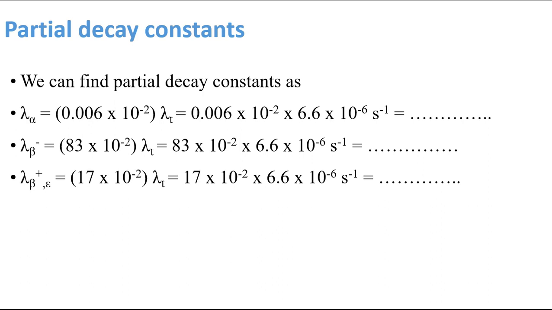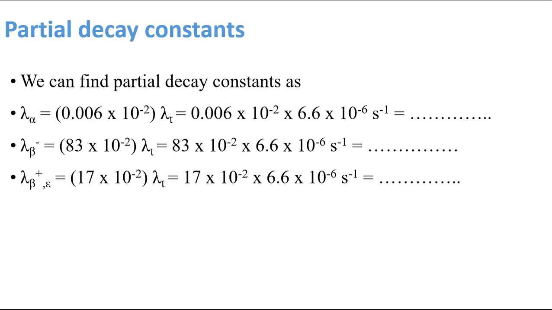For example, we can find lambda alpha by multiplying the total decay constant lambda t with 0.006%, and the percentage is converted into a number by multiplying by 10 to the power minus 2, or dividing by 100. After putting in the value of lambda t, the total decay constant, you can find it, and you can do it by yourself.